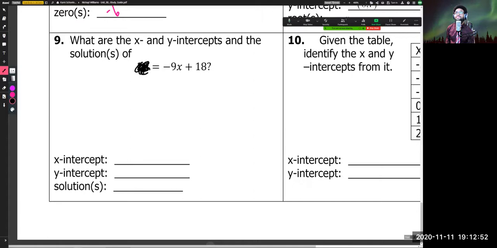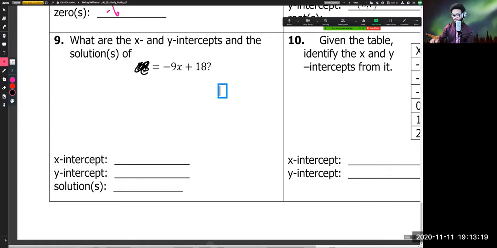We have -9x. You can think of this as 0 on this side. We have -9x plus 18. That's not going to equal 0 on this side. -9x plus 18, to solve this as a one-step equation. Let's go ahead and type it out since my writing isn't so great.